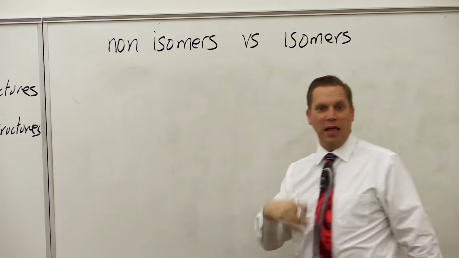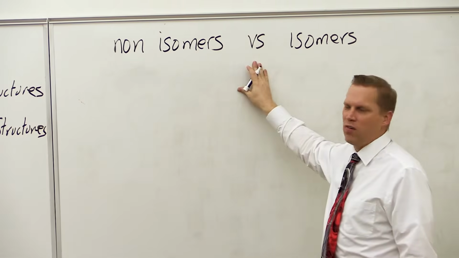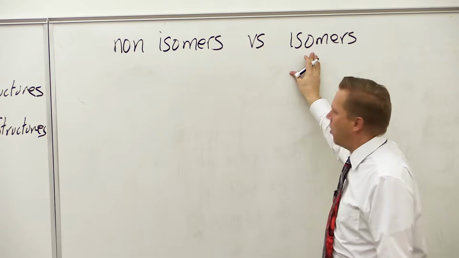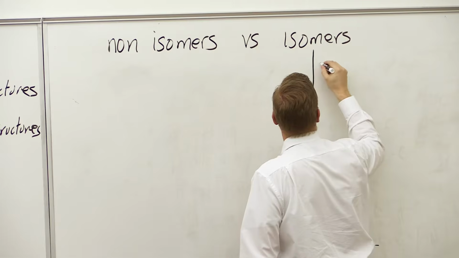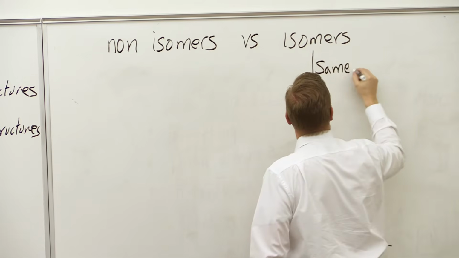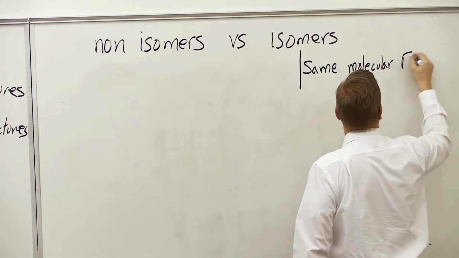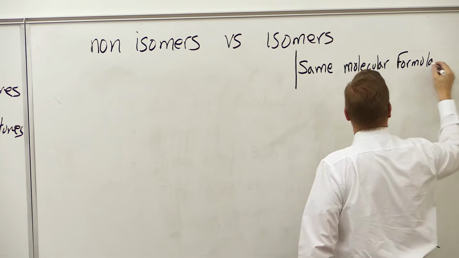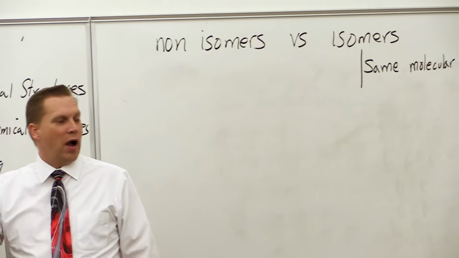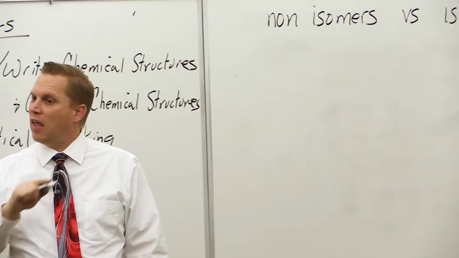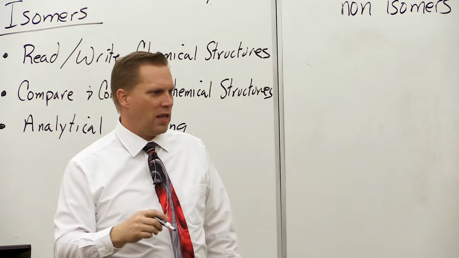This means they'll either be related to each other or they won't be. So what is the basis for judgment? What makes something an isomer? The question we ask is, do they have the same molecular formula? If they have the same molecular formula, then they're isomers. They're related. If they don't have the same molecular formula, then they're non-isomers. And it's really that simple.